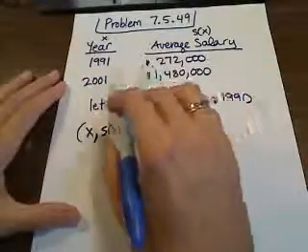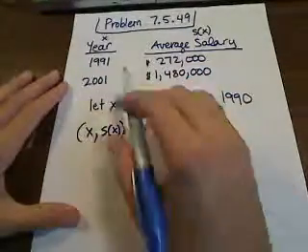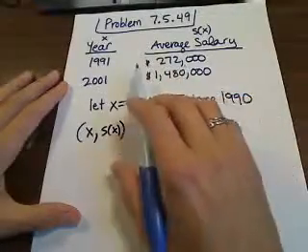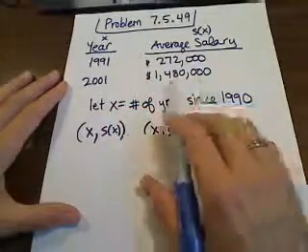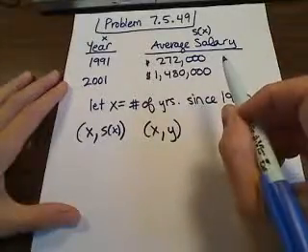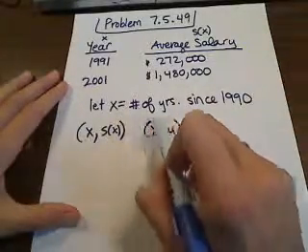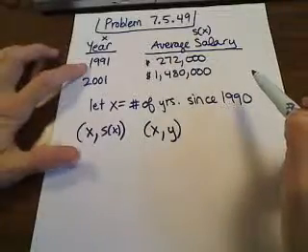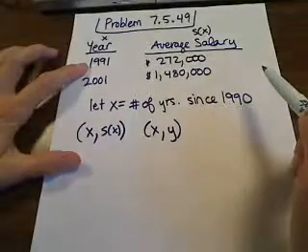Okay, so we actually have two ordered pairs here. We have the ordered pair 1991 and 272,000, and then 2001 and 1,480,000. But they have asked us to define x to be the number of years since 1990. So this would be a situation where x equals 1.